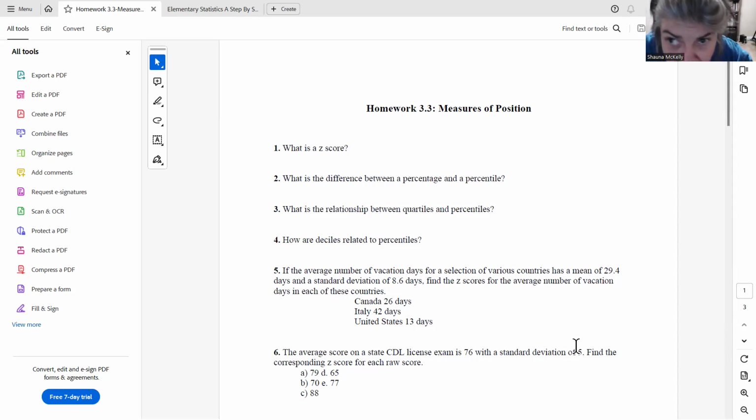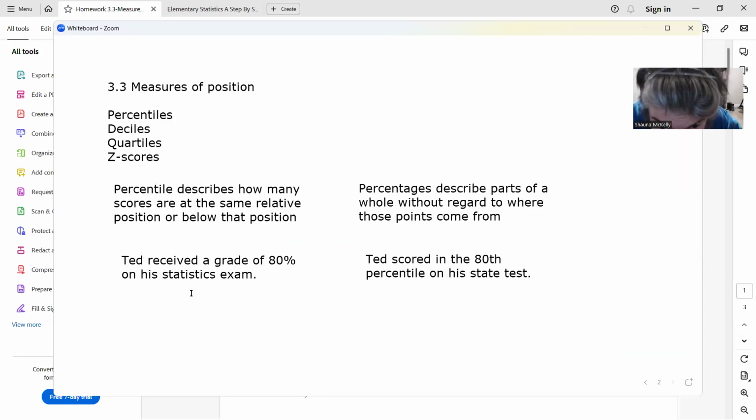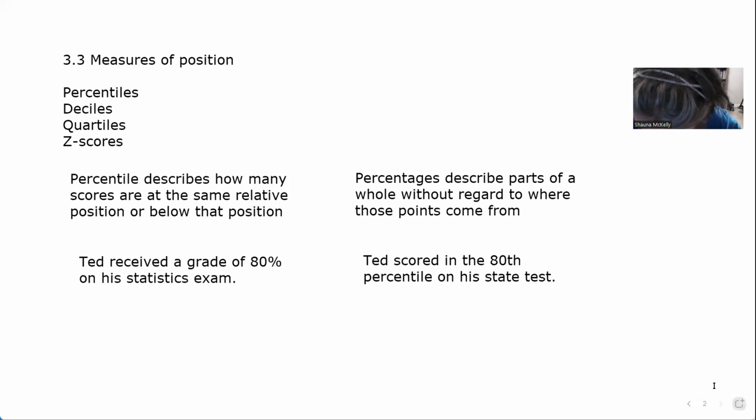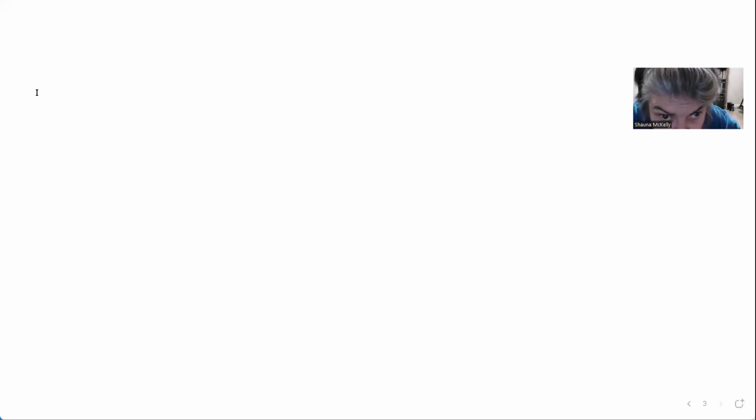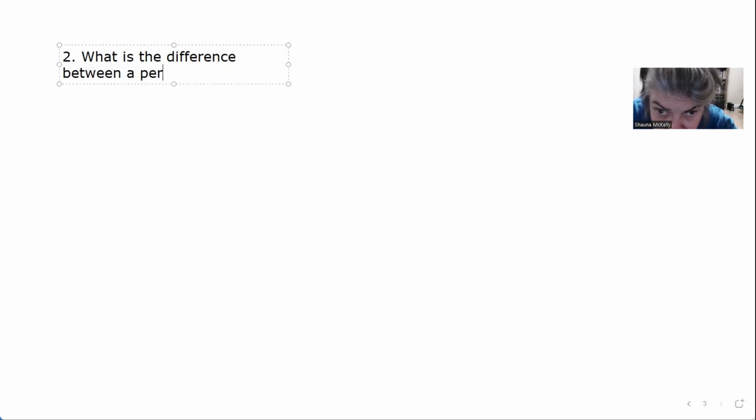Well, I would say in broad terms, okay, so question 2, we're going to come back to question 1. What is the difference between a percentage and a percentile?